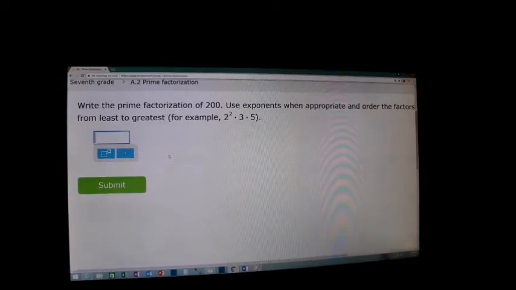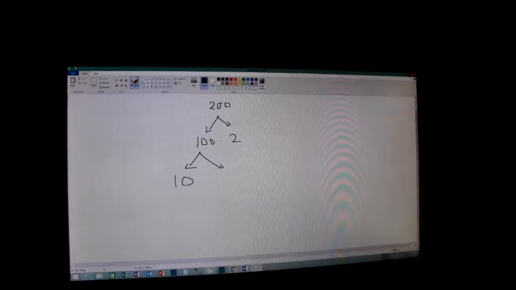Write the prime factorization of 200. The number is 200. What are two numbers that can be multiplied together to equal 200? 100 times 2 equals 200. What are two numbers that multiply to equal 100? 10 times 10 equals 100.